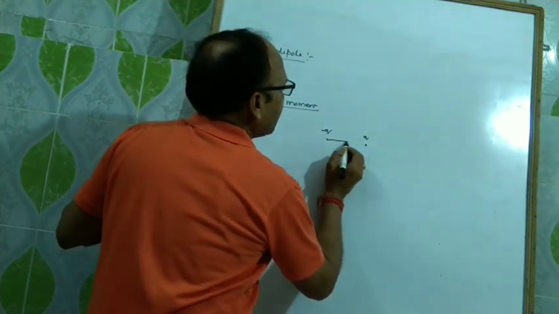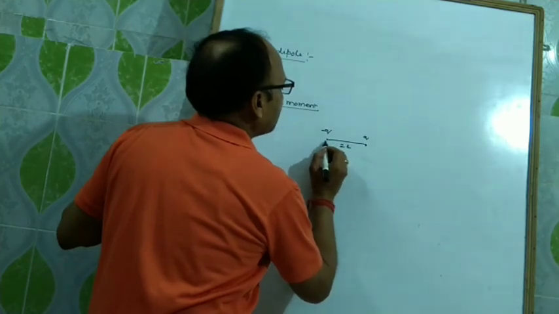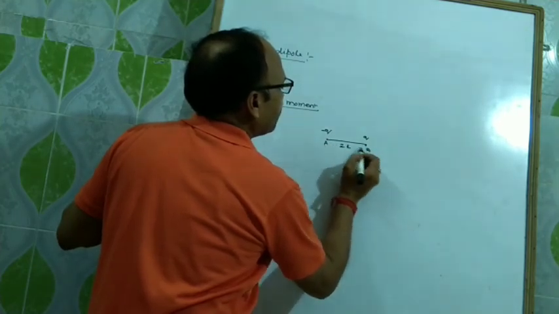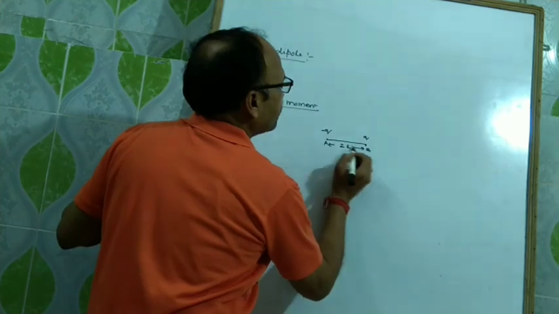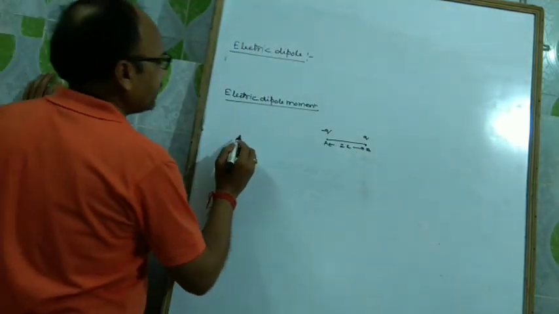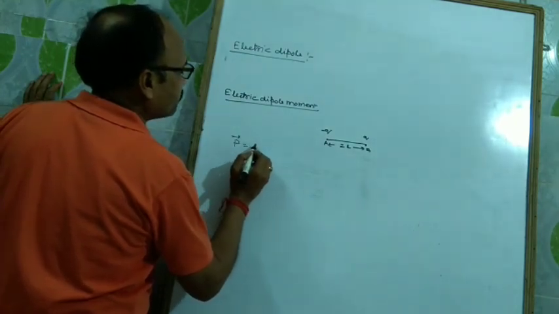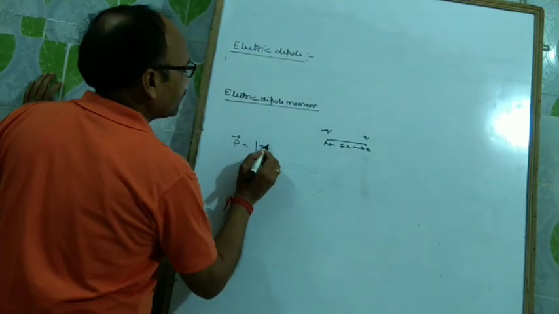These two charges are separated by a distance 2L. This point is A, this point is B, and this is 2L. At this time, you will see the electric dipole moment vector P will be equal to the magnitude of either charge.